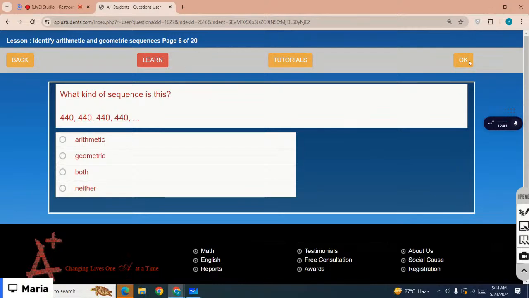Which is the correct option? The correct option is both, right? The correct option is both.